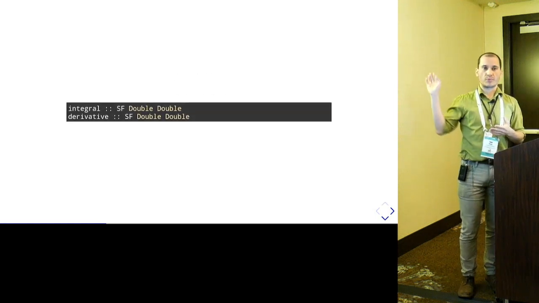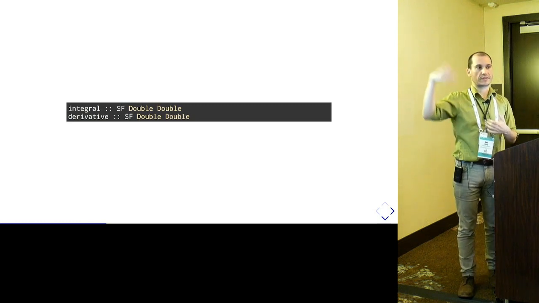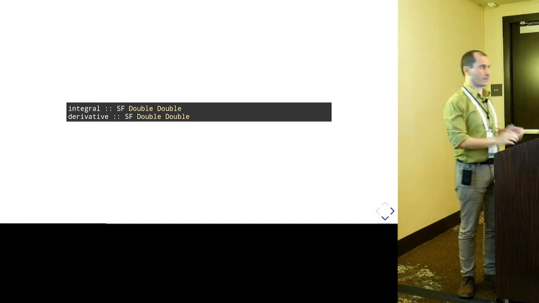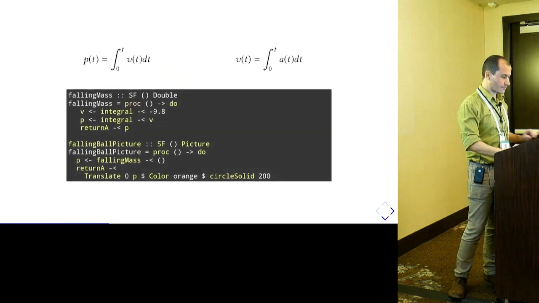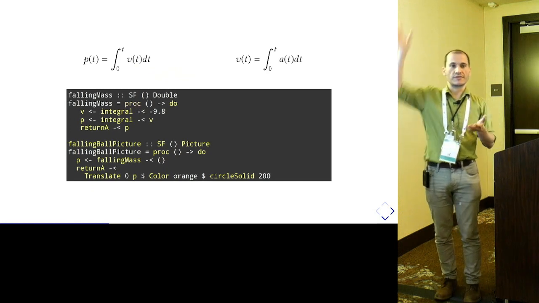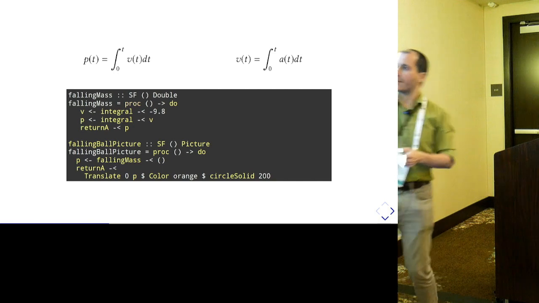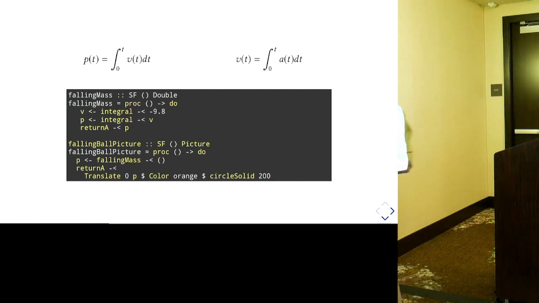So if you put in an input signal, out comes the integral or the derivative of that signal, an approximation of it. We all know from physics that for something that falls from the sky, the velocity is the integral of the acceleration, and the position is the integral of the velocity. That's the vertical position, right?